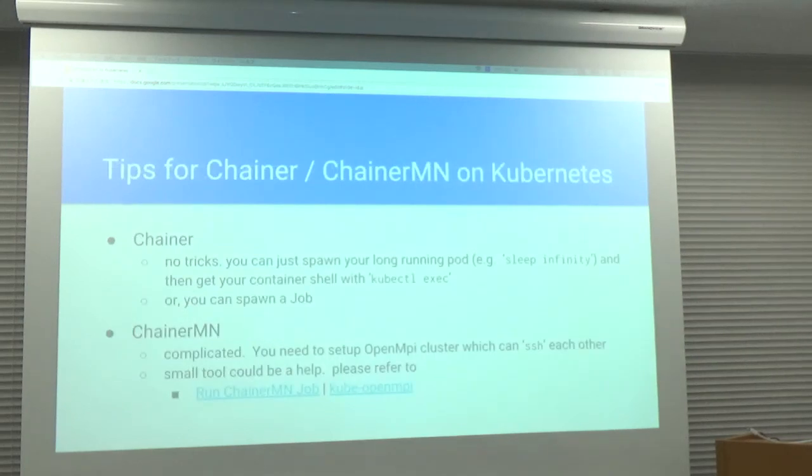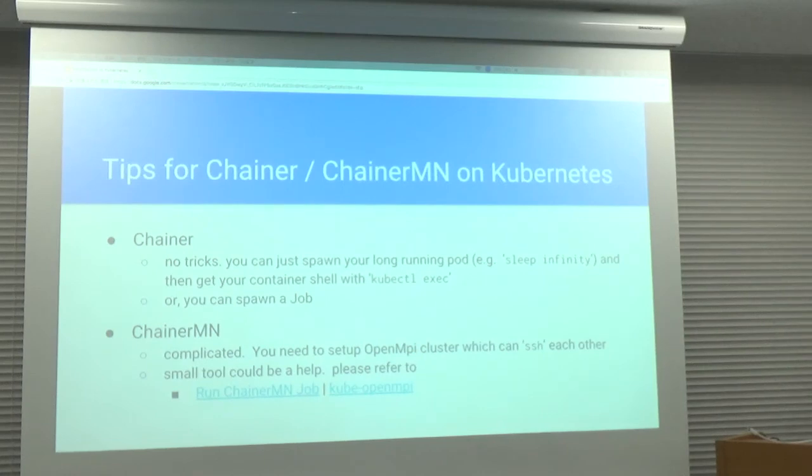And lastly, I would like to touch on Chainer and ChainerMN on Kubernetes. For a Chainer job on a single host, no tricks. You can just spawn your long-running pod, for example with a sleep infinity command, and then get your container shell with kubectl exec. Then you can get a shell in a container, so you can run your Python or something.